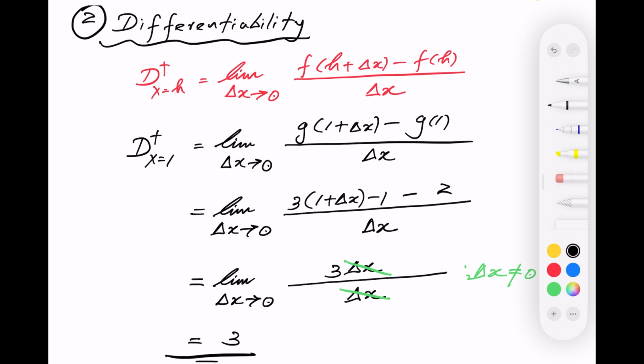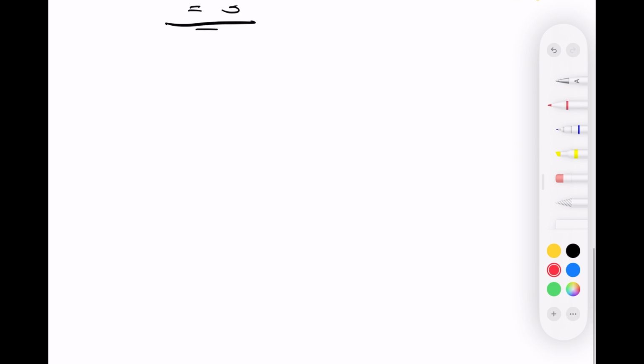That's not enough. We also have to find the left-hand differentiability at x equals 1. So let's go ahead and write down the equation for the left-hand differentiability. The generic equation is d minus at x equals h.